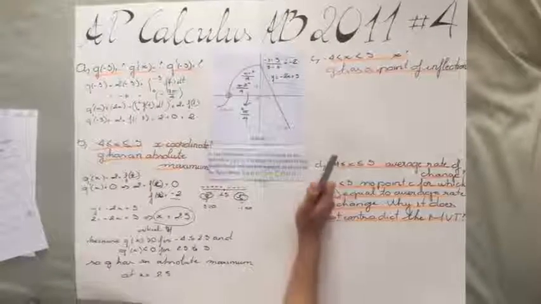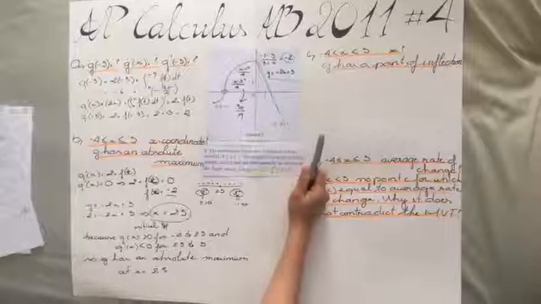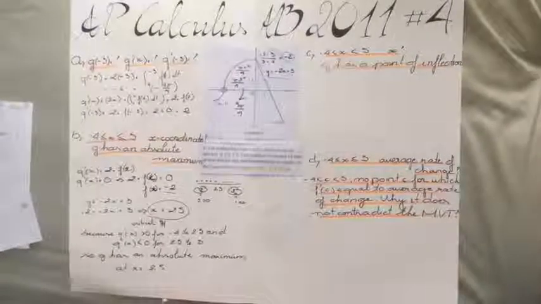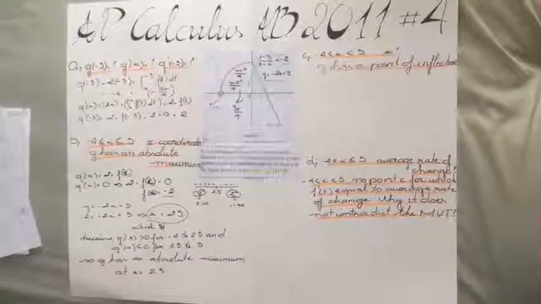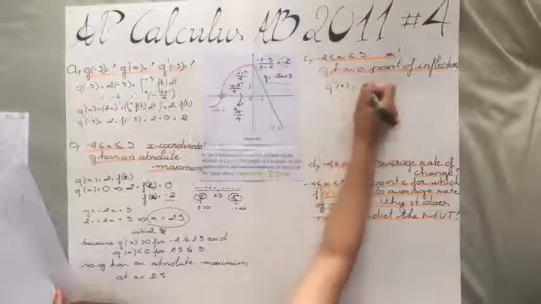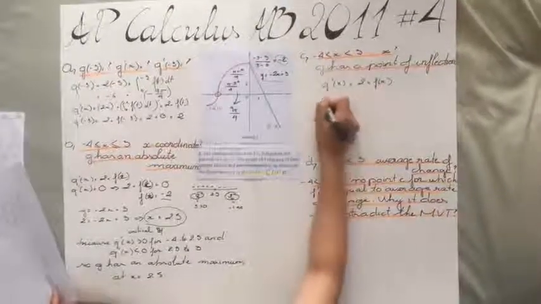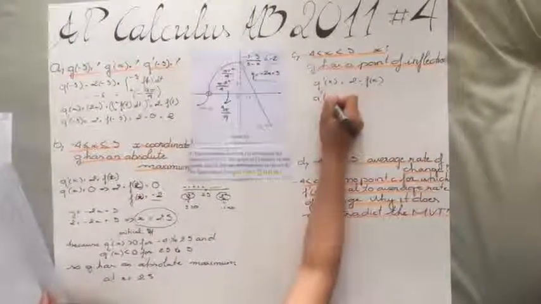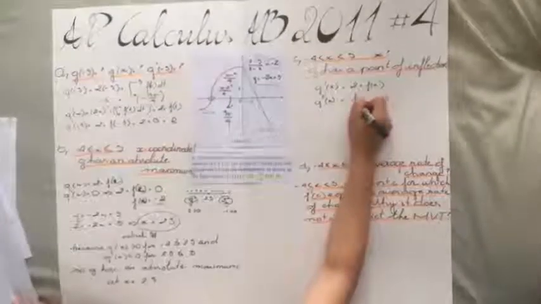We know that we have inflection points where the second derivative is 0. g prime of x is equal to 2 plus f of x. g double prime of x is equal to f prime of x.